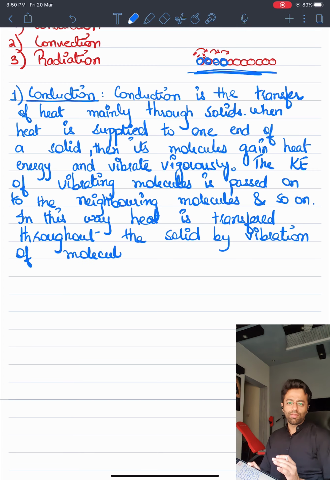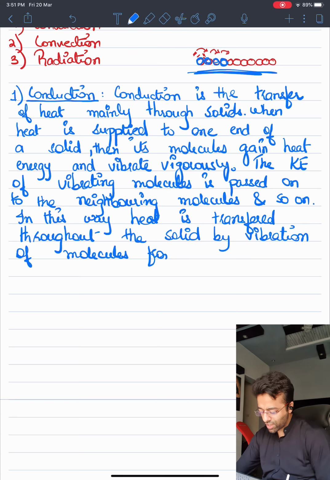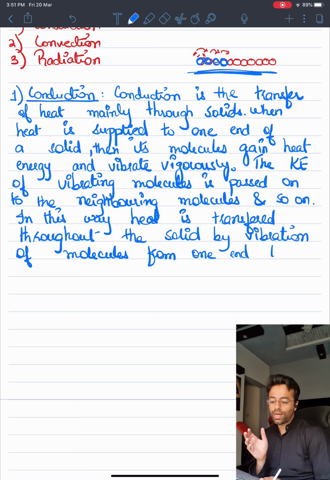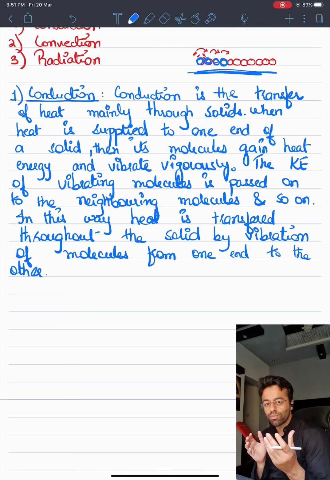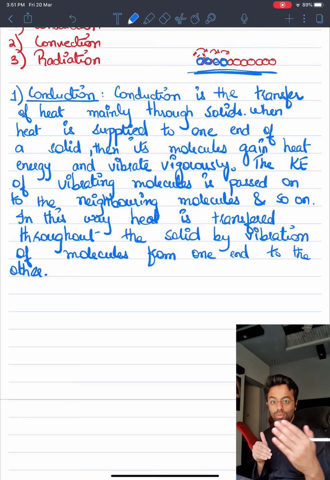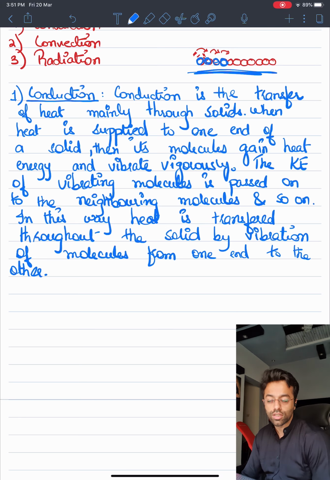Alright, so this was a relatively long definition, but it's very simple. In conduction, since molecules are tightly packed, one molecule vibrates, it gives on its energy to the other molecule, and so on and so forth. All the molecules gain kinetic energy, and so energy is transferred.